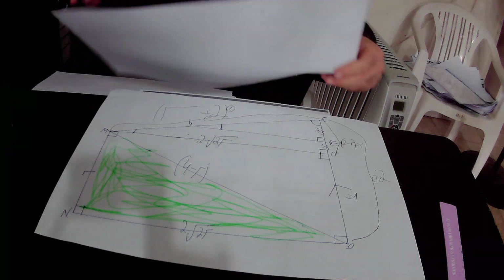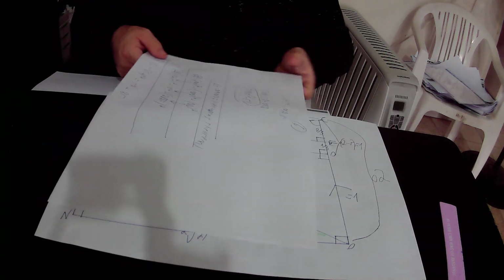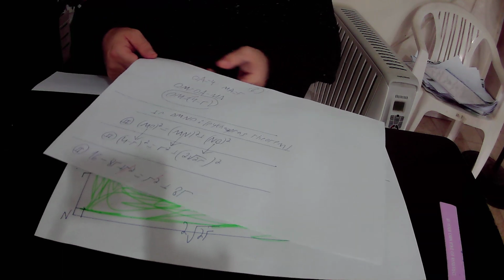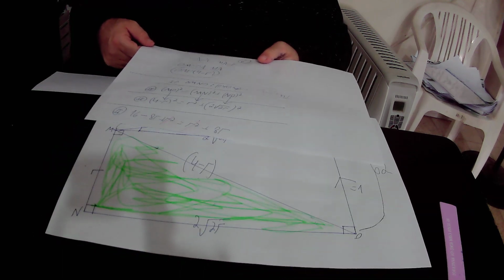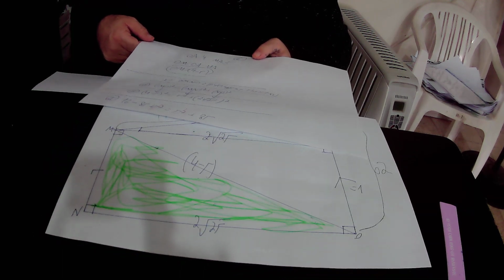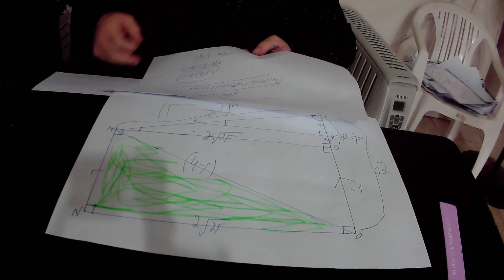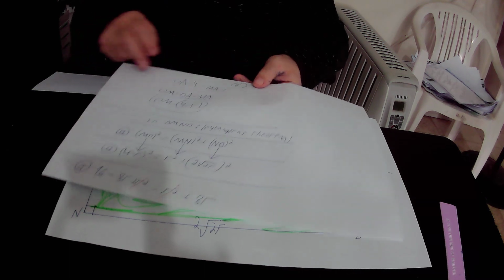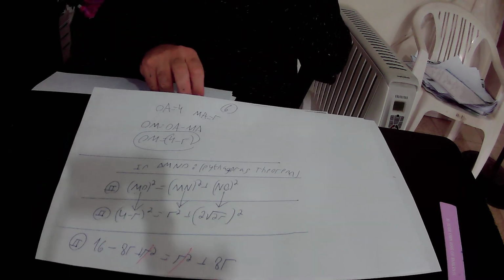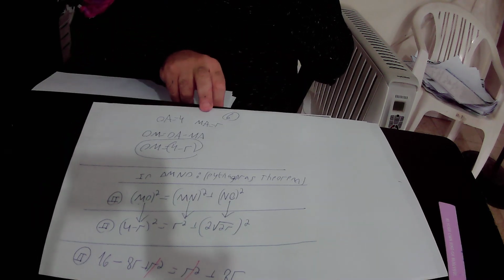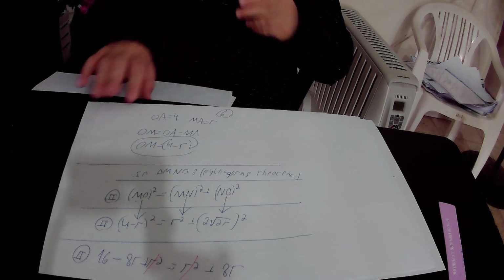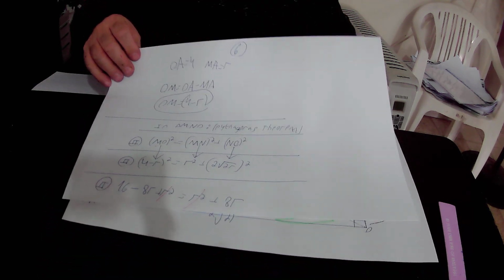Okay, then we focused on the value of OA. The value of OA is actually 4. It is the radius of the semicircle. The value of MA is R. It is the radius of the small circle.